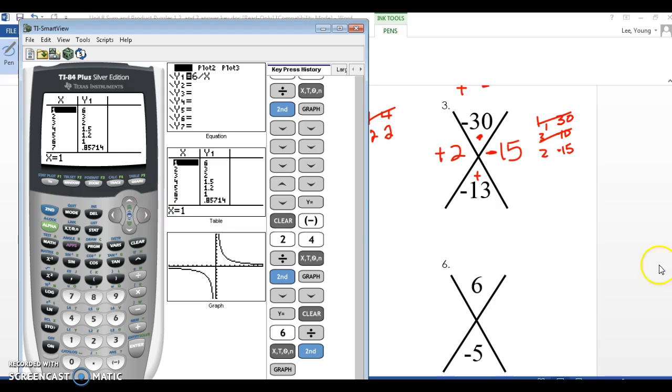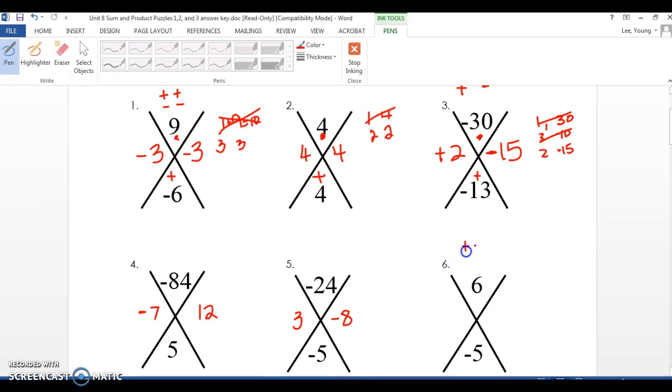Now, as we know, if the product is positive, the sign is either positive or negative. You see what I'm saying? Because positive times positive is positive. Negative times negative is also positive. But since the sum, the adding part, is negative, both numbers should be negative. We know that part. Okay?